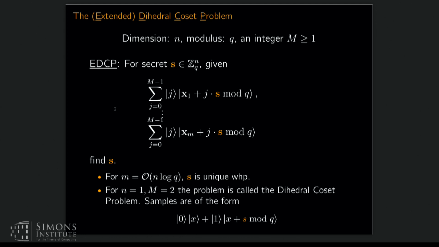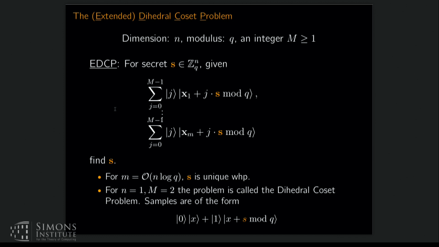So just a brief remark. Why is this dihedral coset problem interesting? It emerges from the task of finding a hidden subgroup in non-abelian groups. The dihedral group is an example of a group which is not abelian, but it's close to being abelian. A formal definition: the dihedral group is the group that defines rotations and reflections of an n-gon.